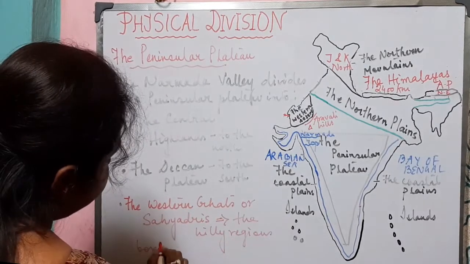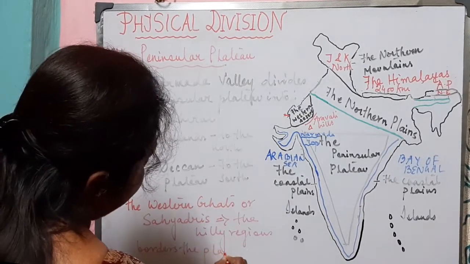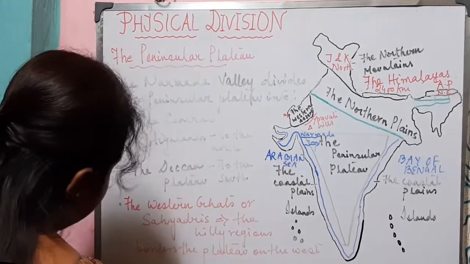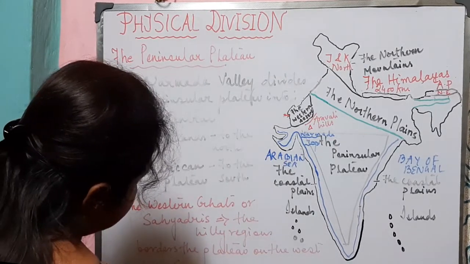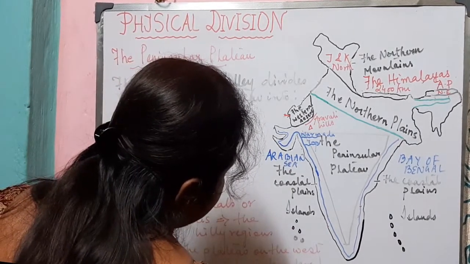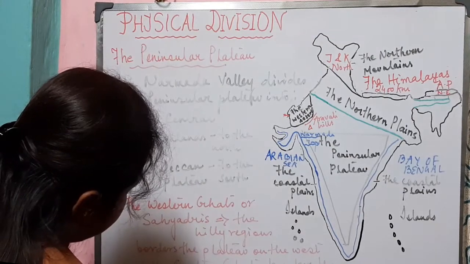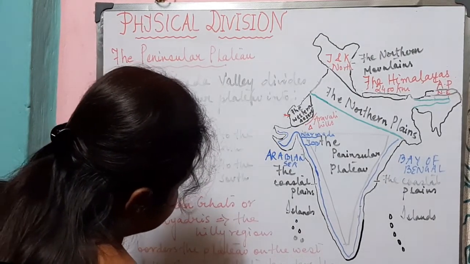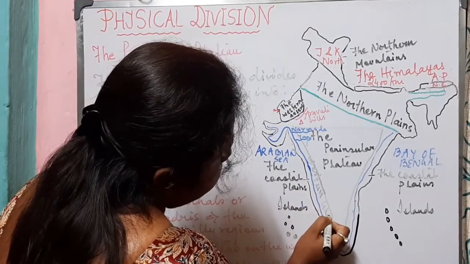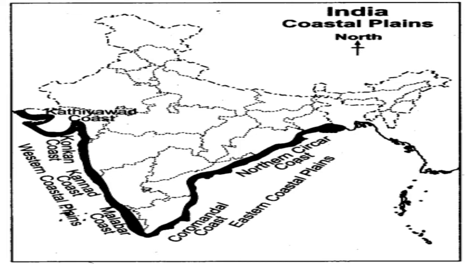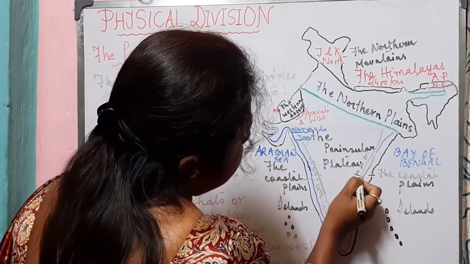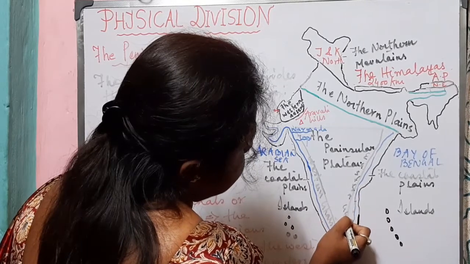It borders the plateau on the west and the Eastern Ghats border the plateau on the east. So the Western Ghats border the plateau on the west. It is also known as the Sahyadris, and the Eastern Ghats border the plateau on the east.